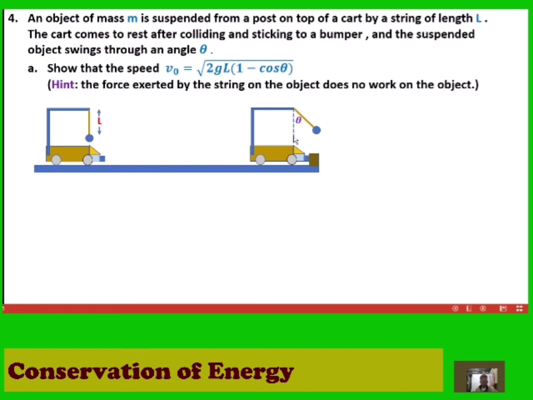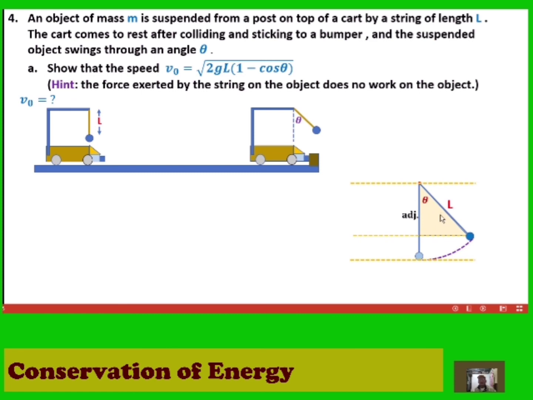So at this point, the object swings at angle theta. We will reproduce this figure showing the angle and the length of the string. So the object is initially at this point, it swings up at this point. So we need to determine these respective distances or heights. Out of this triangle, we label this side adjacent to angle theta as adjacent side.